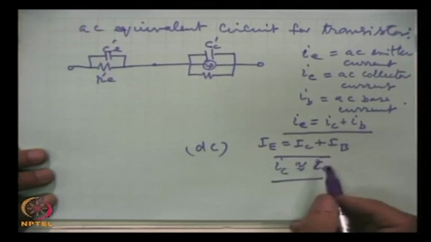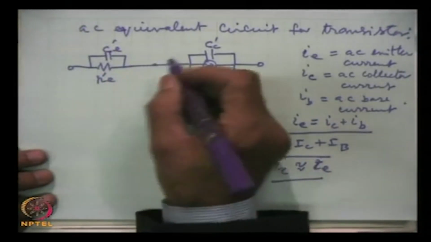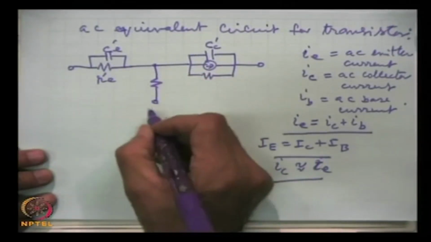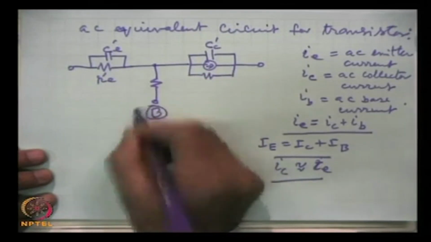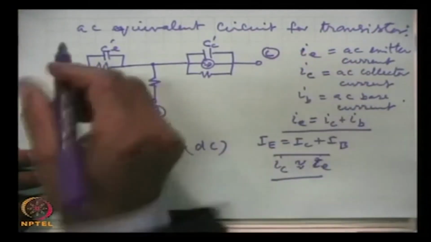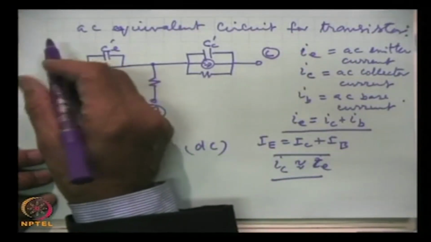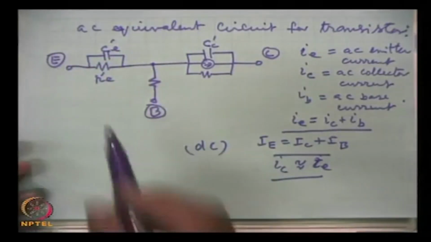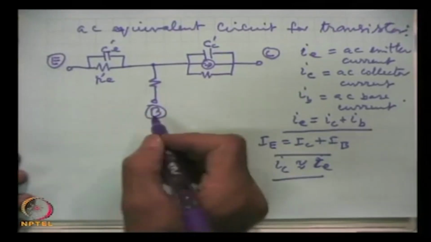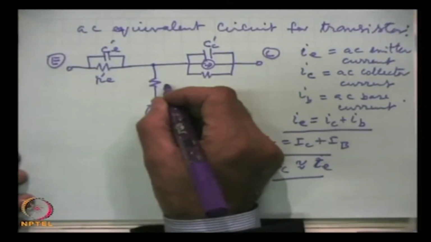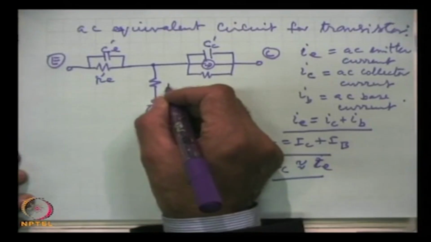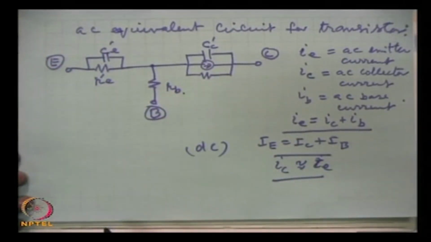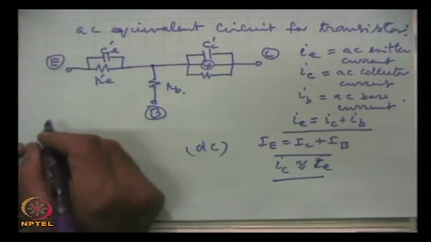This we will see when we come to this point, and here this is base, this is collector, and this is emitter. Now, here this is R B. What are these components? Let me first try to explain that.